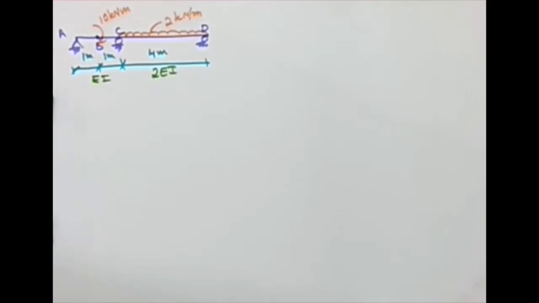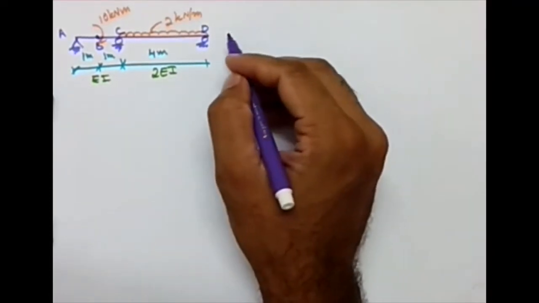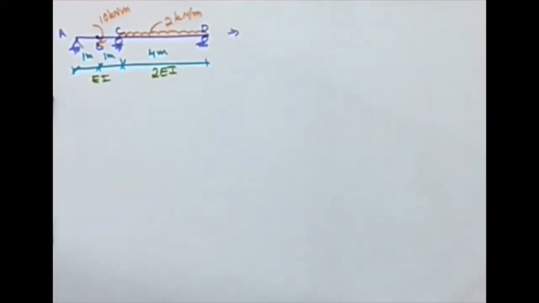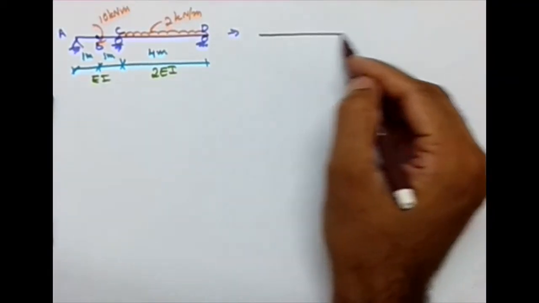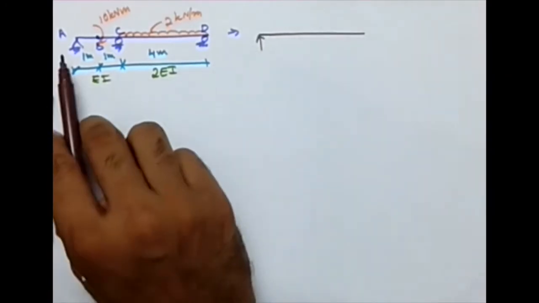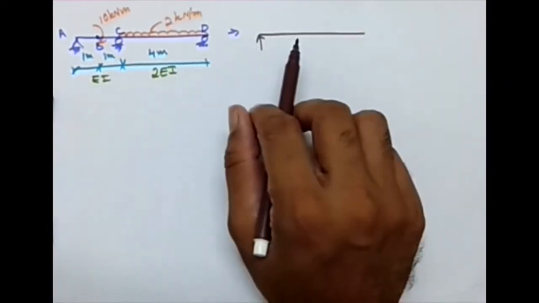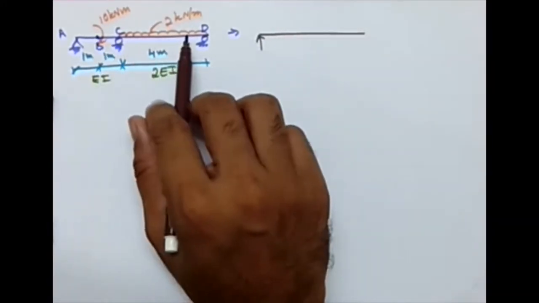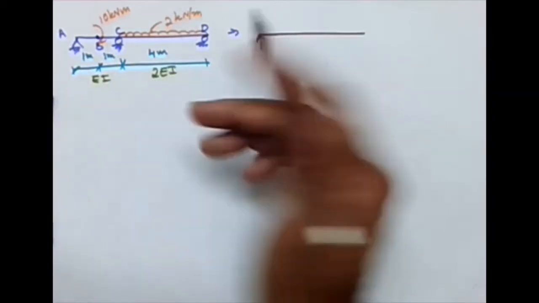So here we want to analyze this. I hope you remember the steps. The first thing is you need to convert it into a beam of forces. There's a hinge. I'm ignoring the horizontal component because there are no horizontal forces in the system, so the horizontal reaction is going to be zero.